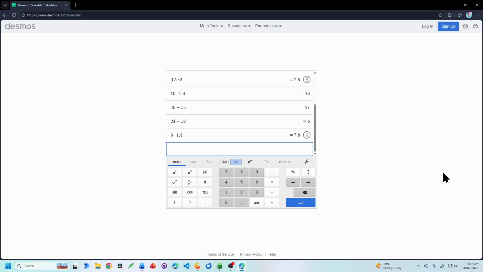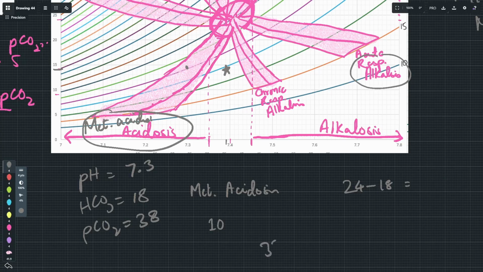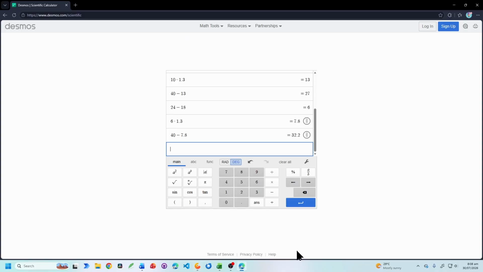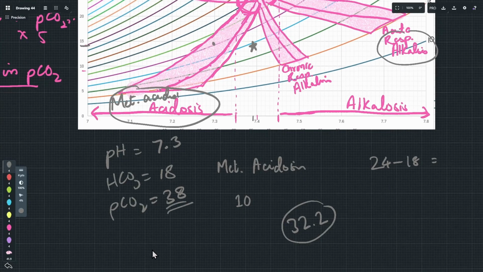So 7.8 units should be the decrease. So it should be 32.2 units decrease in PCO2. But here we have 38.